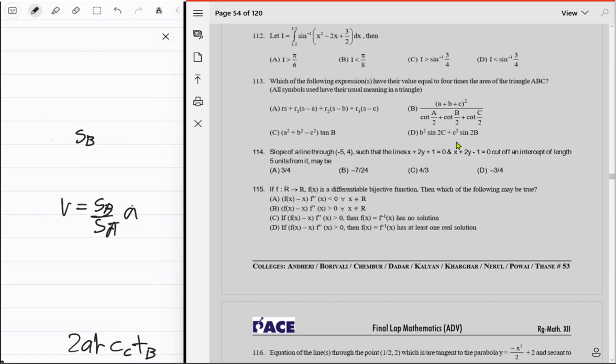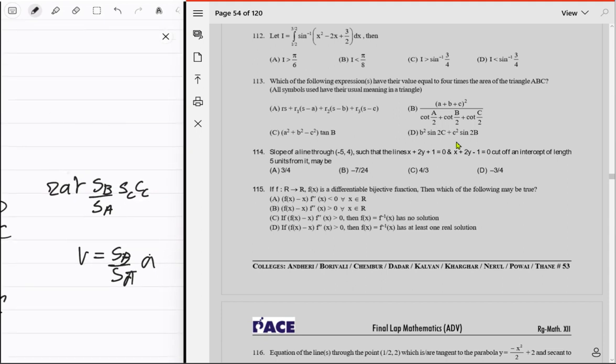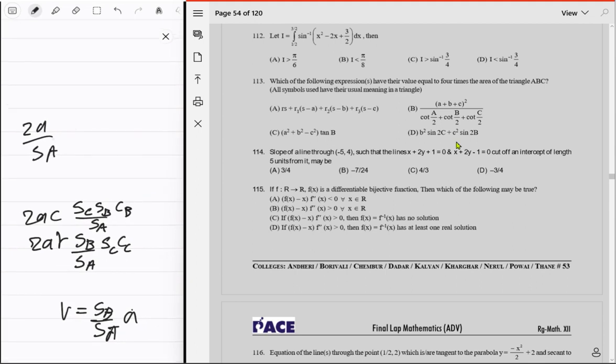So just a b sine b upon sine a, and then sine 2c is like, okay, जब 2 आ जाएगा, then you got sine c cosine c. फिर सिमिलर वहां पे भी, and then what you get is ac sine c sine b cosine b upon sine a. तो फिर एक काम करो ना, 2a upon sine a कॉमन ले लो, what do you get? और also ये thing, sine c sine b. So what do you get?